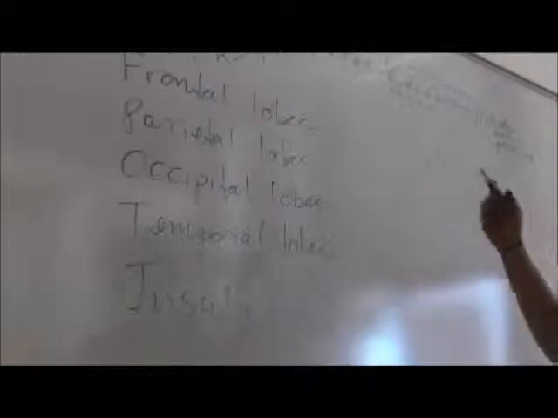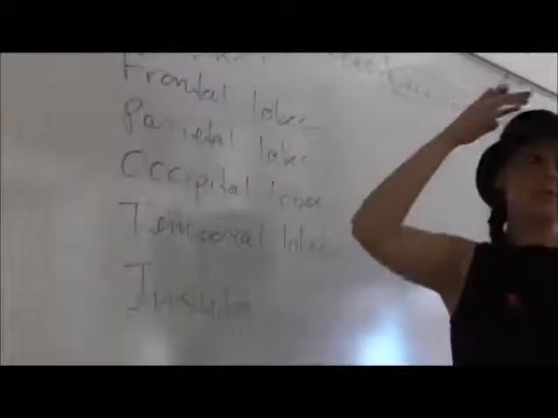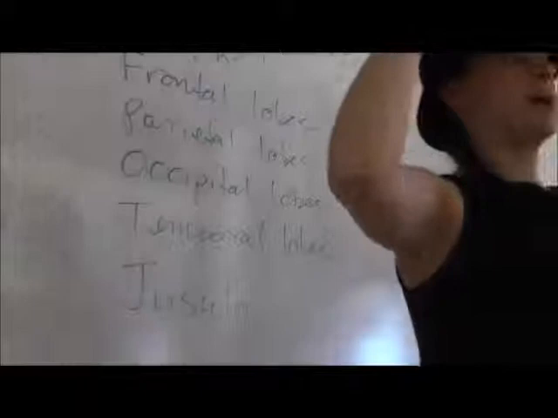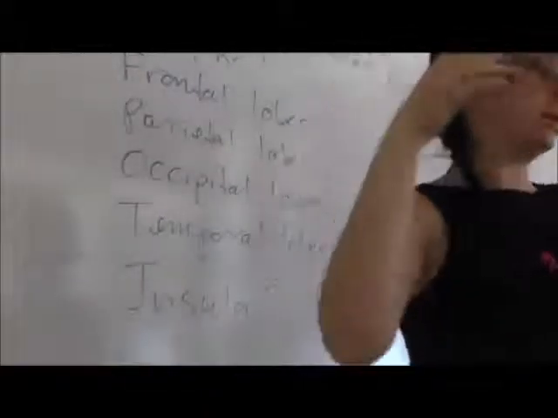And the frontal lobes are going to be really important for things like analysis and problem solving. This is also where your personality is located. This is also where, if you're going to make a voluntary movement, it originates from this place called the precentral gyrus. We'll look at that again in a minute.